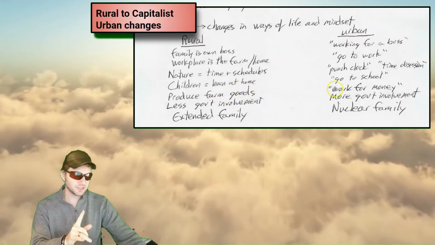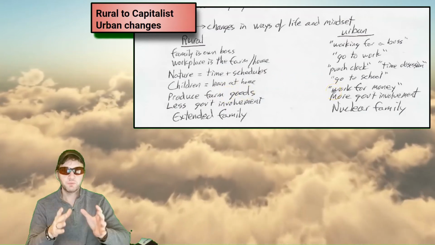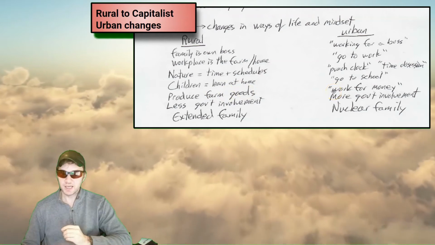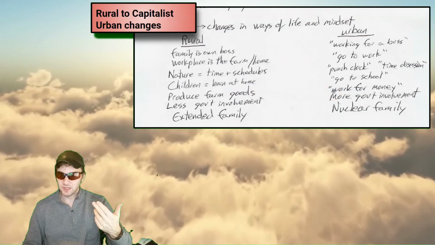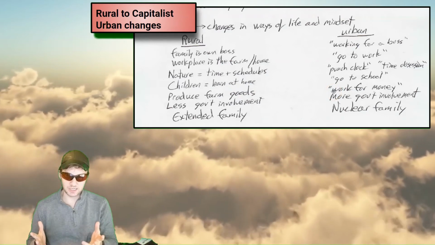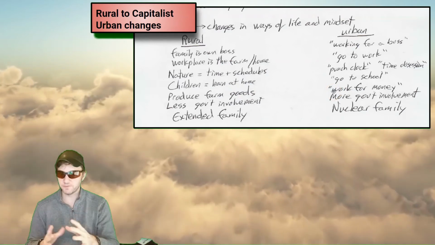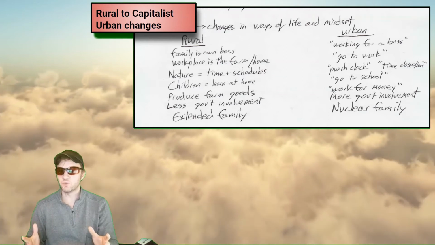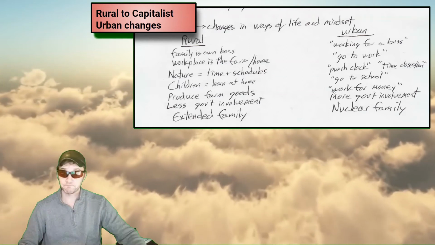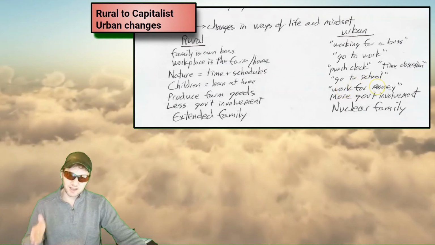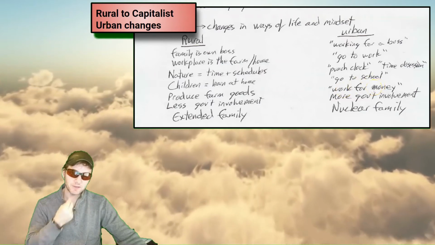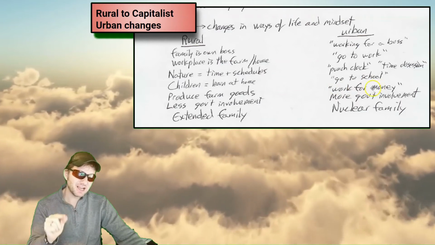Now, go to today's world where people work for the money. In fact, unless you report it to the IRS, it's illegal to do business without money in the United States. You have to report it. And if you fail to report it, the government wants you to use money. And so now work is for money, and everything has a money value to it, and everyone's labor has a dollar value.